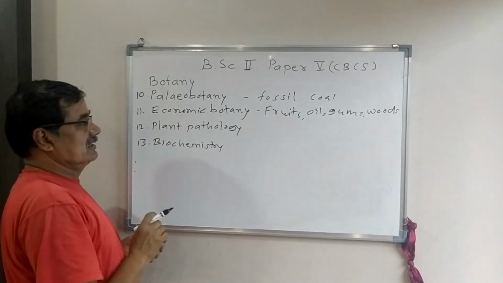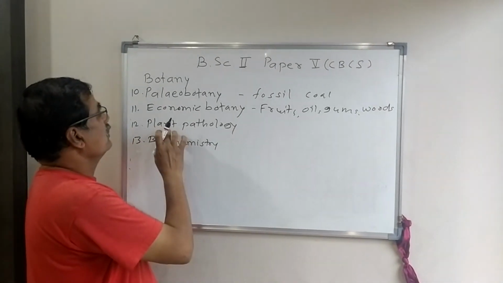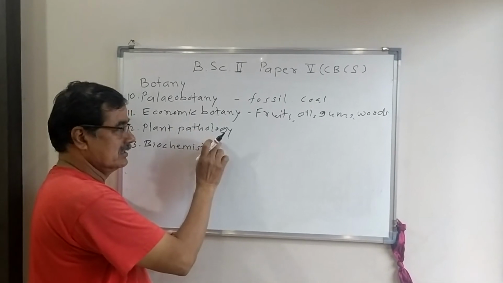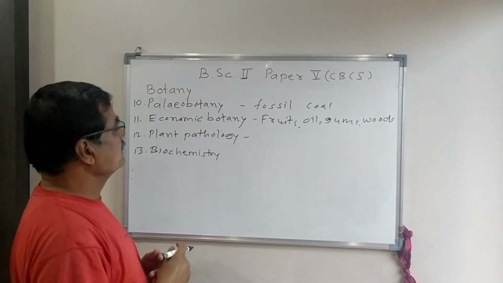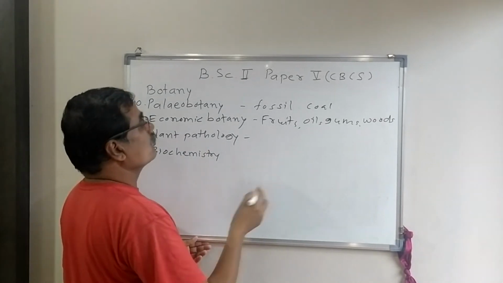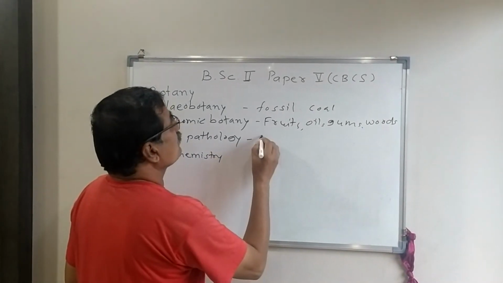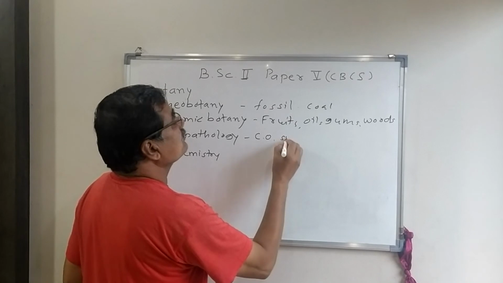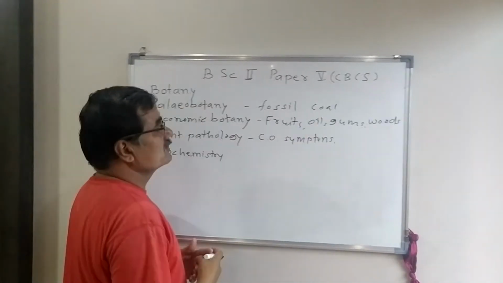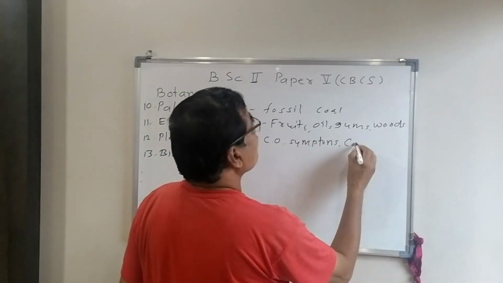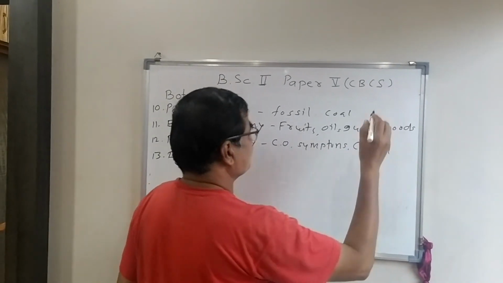Plant pathology is one of the important branches. Here the plants become diseased due to some causal organisms, and these causal organisms show some symptoms, and to control them the required control measures are taken.